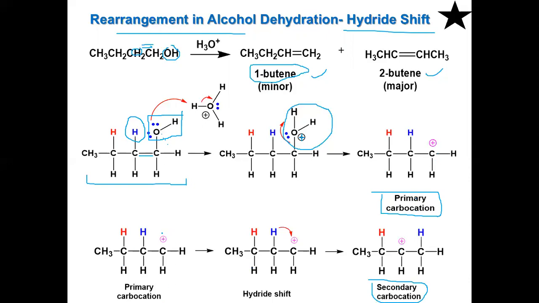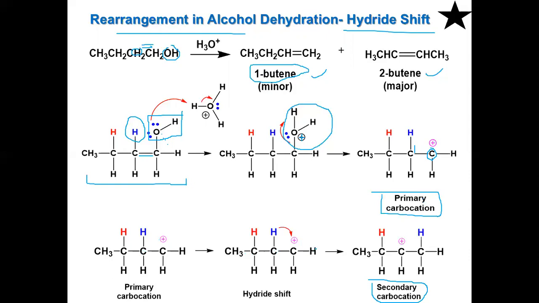So this is your primary carbocation. So let's say lah hydrogen dia nak bertukar tempat dengan carbocation. So kat sini dia ialah primary. Ni ialah primary carbocation sebab C ni attach dengan satu C saja. Berjiran dengan satu C yang lain. Tapi katakanlah carbocation ni berpindah kepada carbon yang kedua.